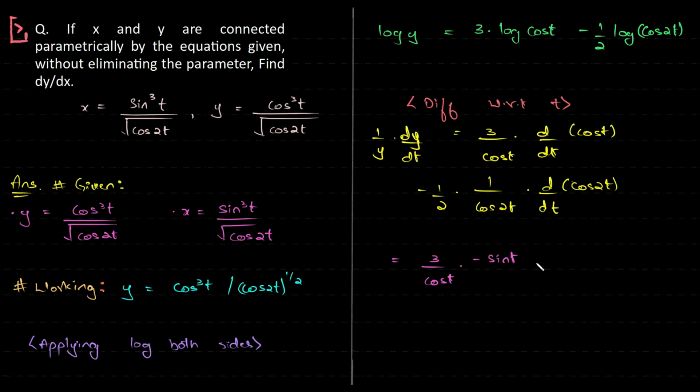Over here it is 1 by 2 cos 2t, and differentiation of this expression is minus sine of 2t, and again I have to differentiate 2t, so that would be 2.